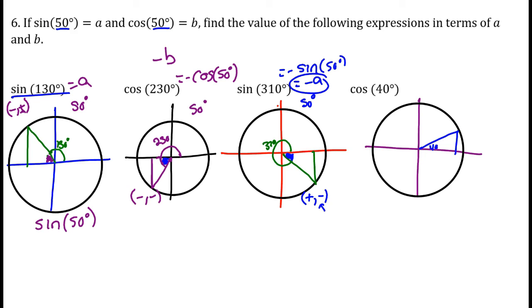And this is where we take a step back to Common Core geometry and say, wait a second, the cosine of 40 is equal to the sine of the complement. What's the complement of 40? 50. The sine of 50 is a. This was me just having fun here, making sure you remember your cofunction relationship. But again, it is not a big idea at all in Algebra 2. Just want to make sure you remember it because it's an important idea going forward, especially when we get to graphing.